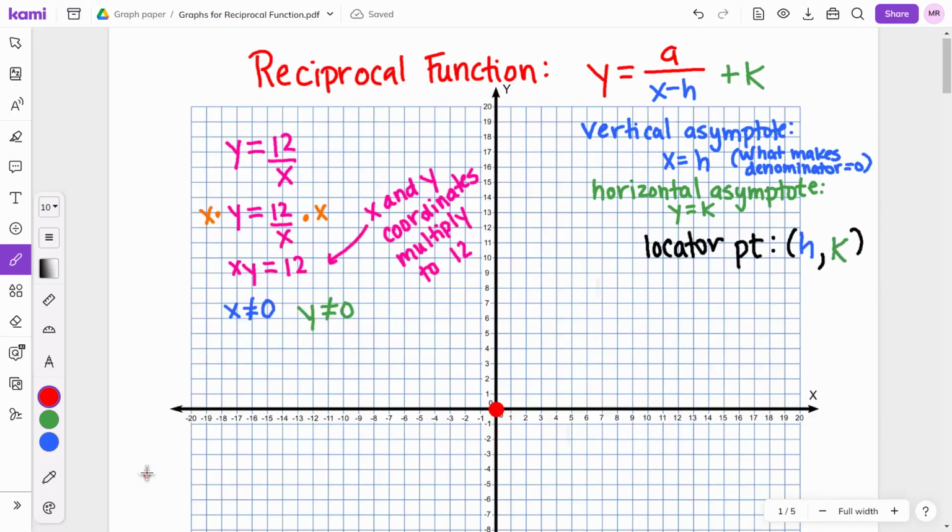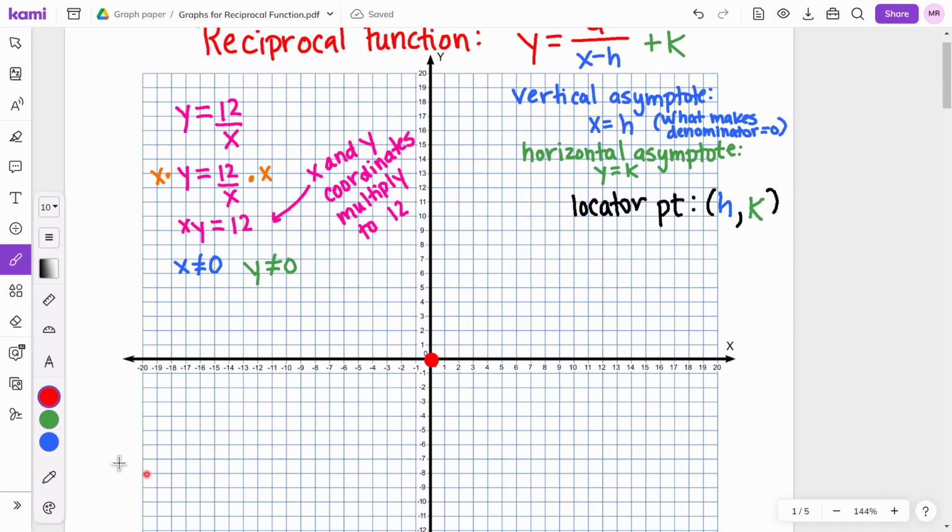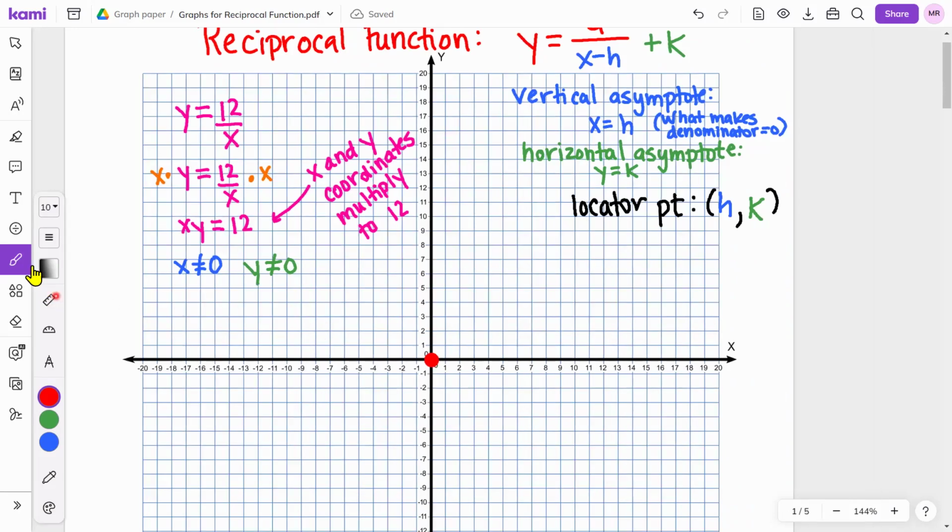So let me put those in. Now I'm going to draw them with a dashed line. So for my vertical asymptote, again, it's going to be here at x equals 0. My horizontal one is going to be here at y equals 0.